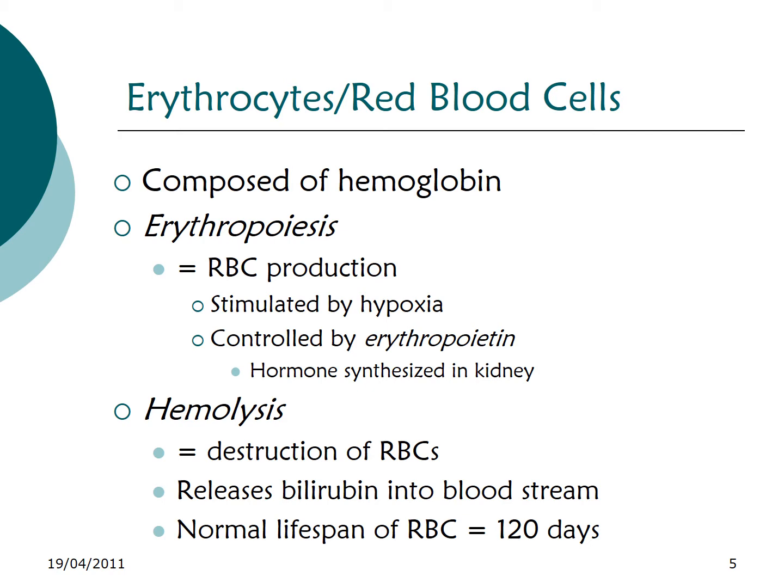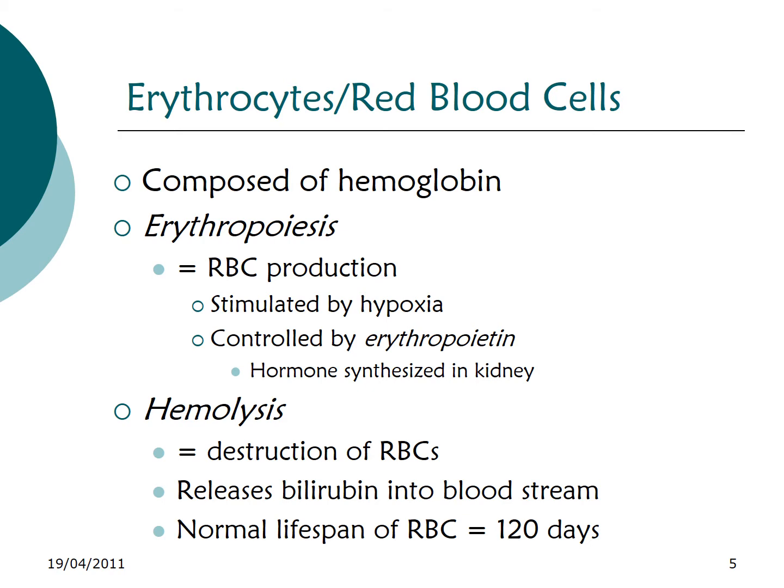Hemolysis is the destruction of the red cells, and releases bilirubin into the bloodstream. Hemolysis is seen with certain diseases, because the normal lifespan of red cells is 120 days, and when some of these cells are injured, it's less than that 120 days.